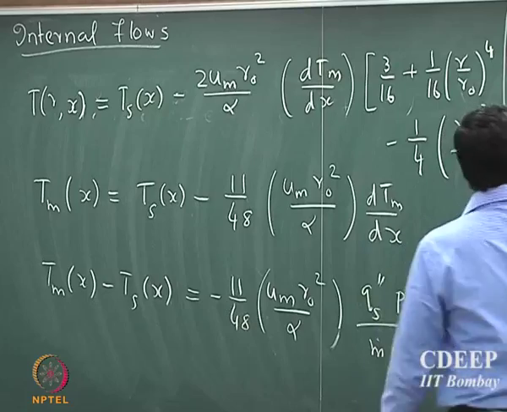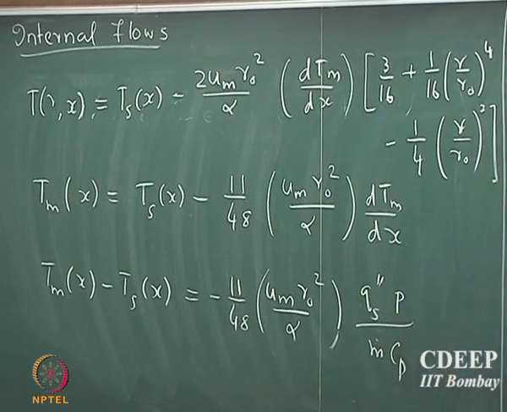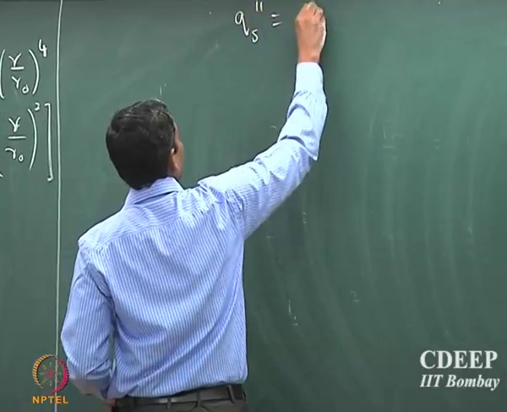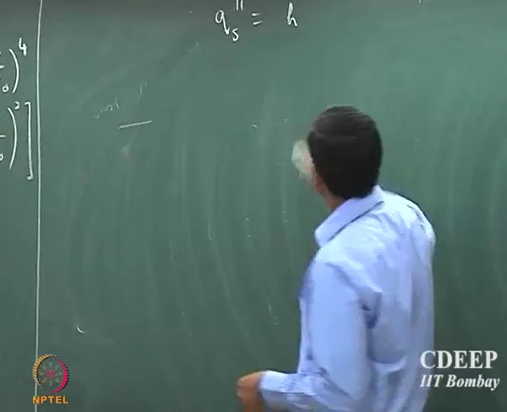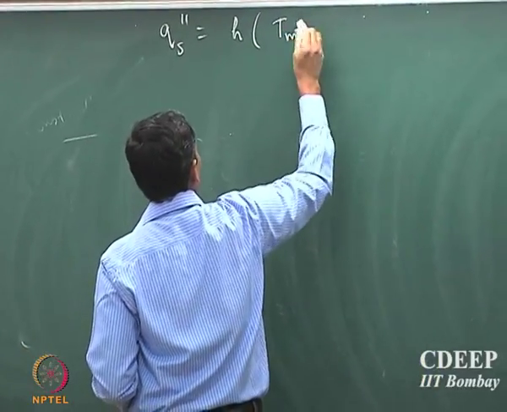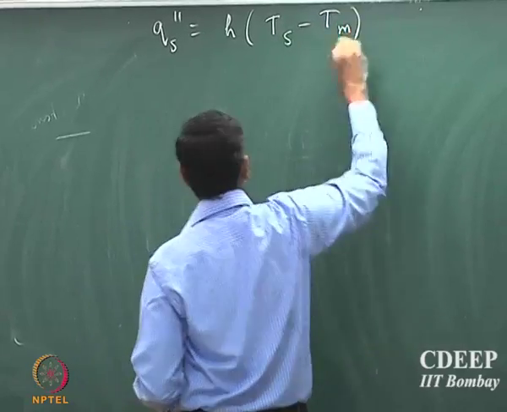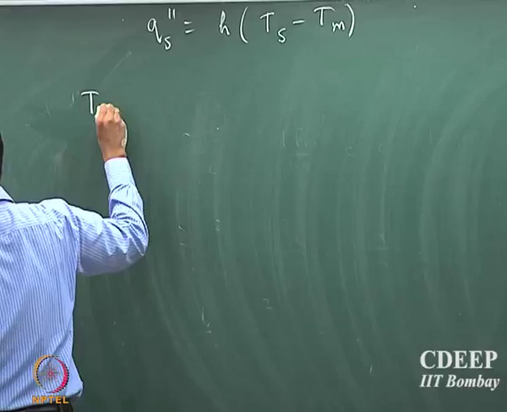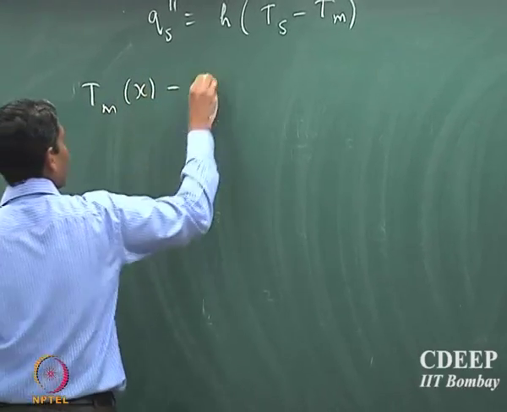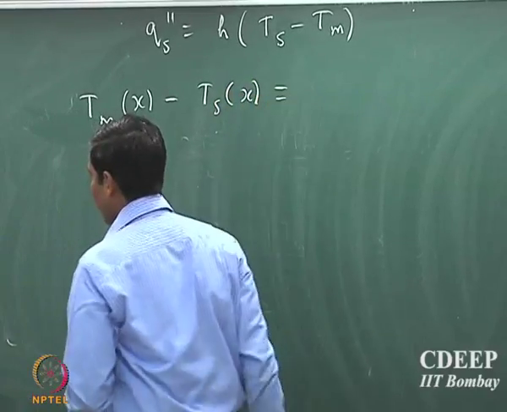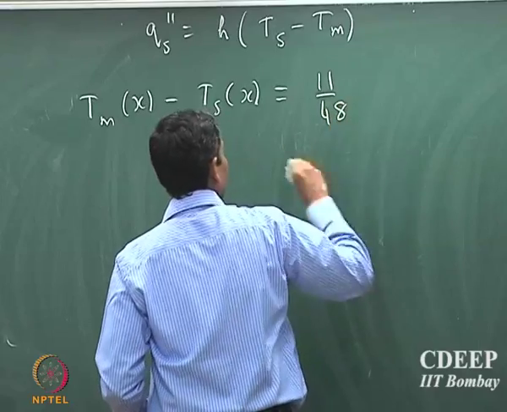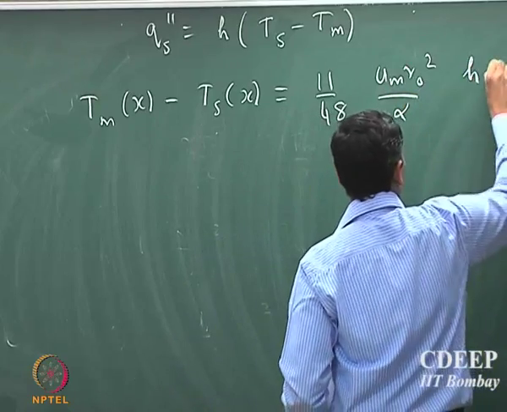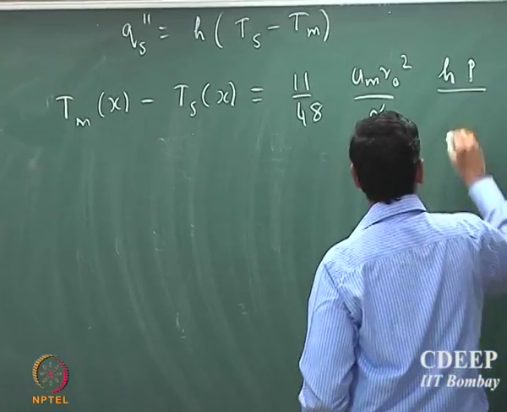Okay. All right. So now we know Qs double prime is defined as the heat transport coefficient h into Ts minus Tm, right. So that's the heat transport coefficient. So we can rewrite this as Tm x minus Ts is equal to 11 by 48 into um r naught square by alpha into h into the perimeter divided by, what is m dot?